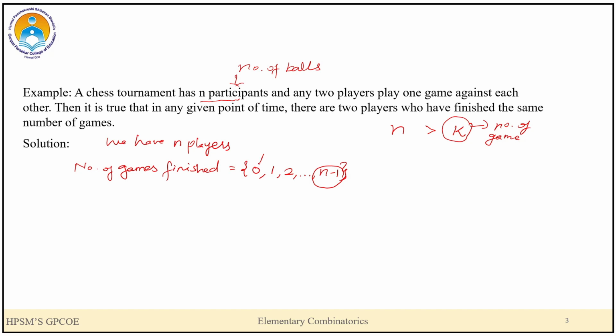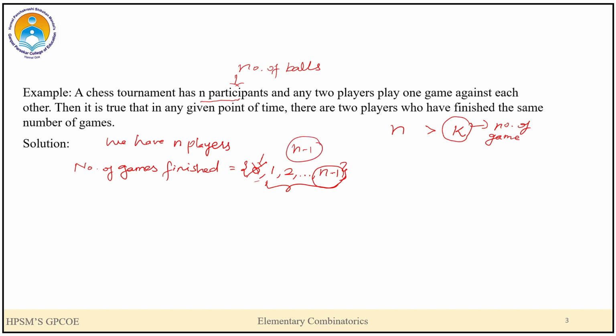That means you won't be able to find any player who has played 0 number of games. So this tells us that this 0 and n minus 1 cannot occur together. So in that case we discard this value and total options that we get for the number of games will be either 1, 2 or up to n minus 1. So here we get these n minus 1 options.